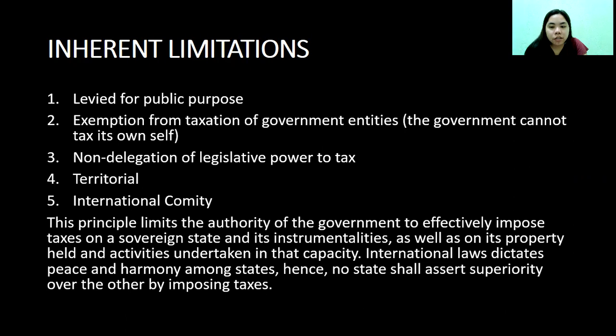So international law dictates peace and harmony among states. So because of this international comity, we are observing peace and harmony between states. Hence, no state shall assert superiority over the other by imposing taxes. So if the Philippine government imposes taxes on foreign nationals who are here, then the foreign countries will also tax the Filipino nationals who are in their country.